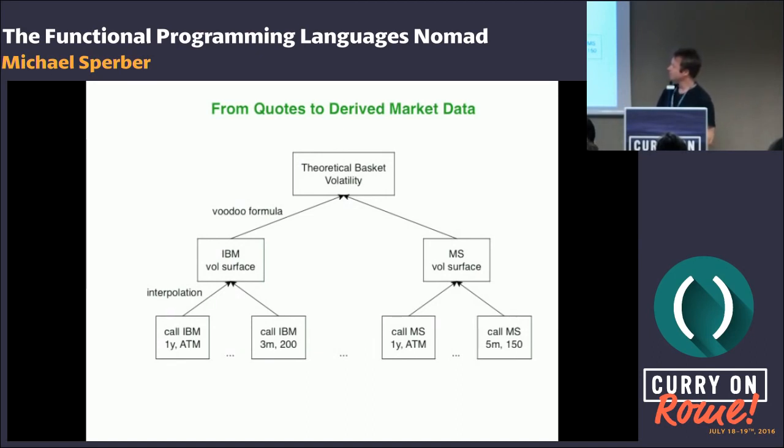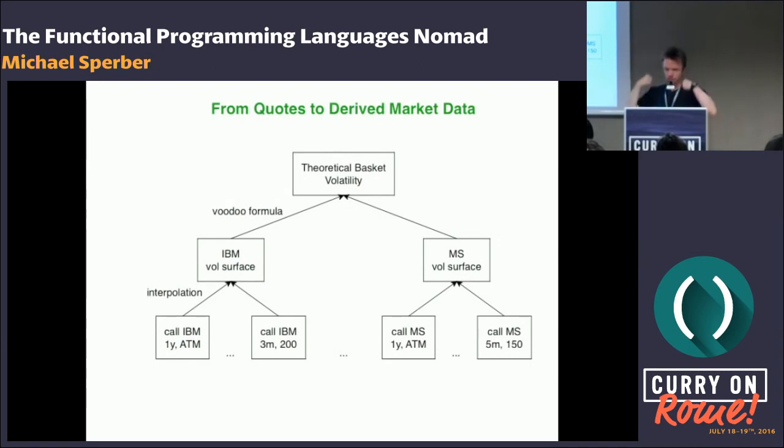But a lot of those baskets are usually not traded directly, and you want to treat them as one entity, so you have to make up market data for those baskets. You can imagine a tree where there's primitive market data at the bottom, things computed from that in the interior nodes, and then ultimately derived quantities that you use in your software at the top, right?